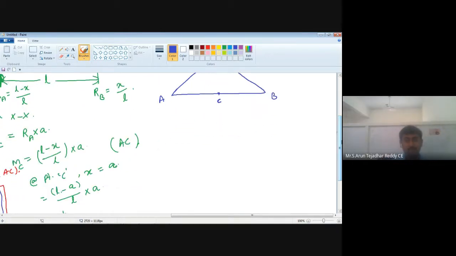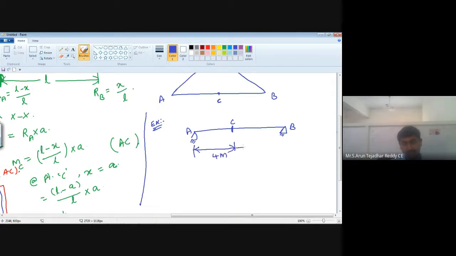Suppose I give a small example. It is A, it is B, and here C is acting. Now from A to C, suppose 4 meter is acting, C to B 6 meter is acting.